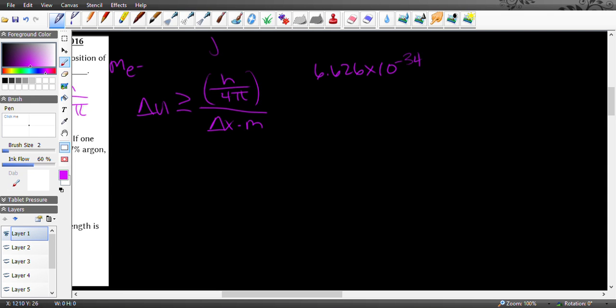Now you know that a joule is equal to kilograms meters squared over seconds squared, and h is in joules times seconds.